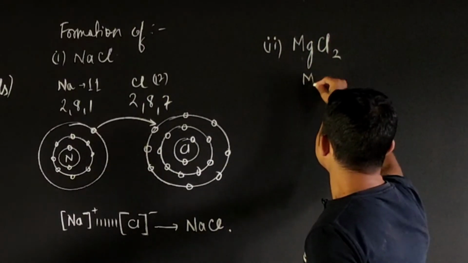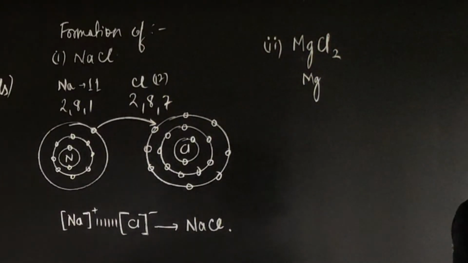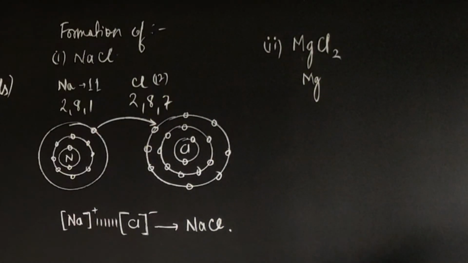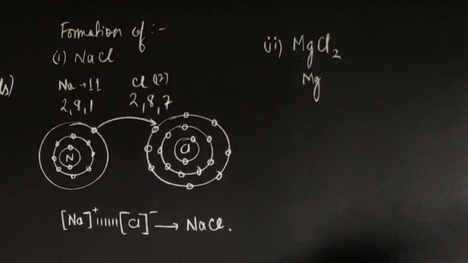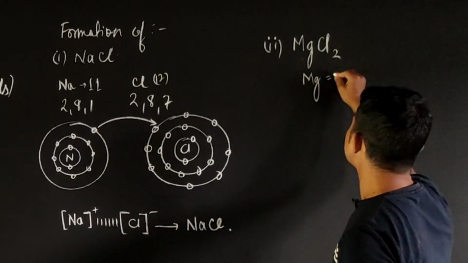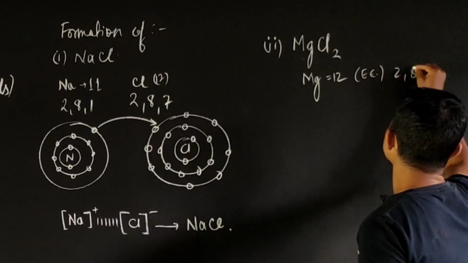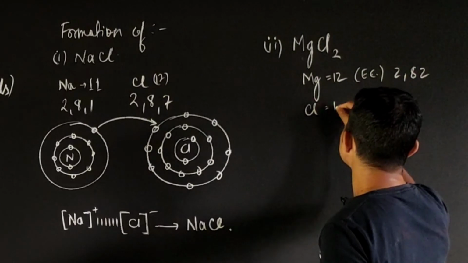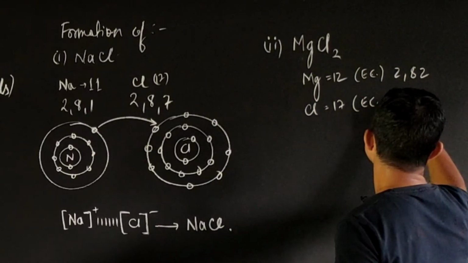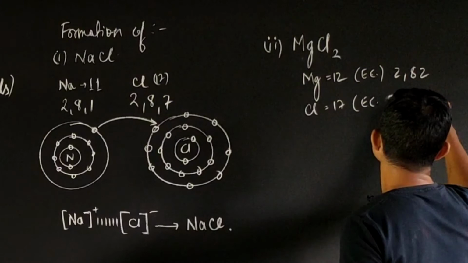Since the atomic number of magnesium is 12, its electronic configuration would be 2, 8 and 2, and the chlorine being 17, the electronic configuration is 2, 8 and 7.